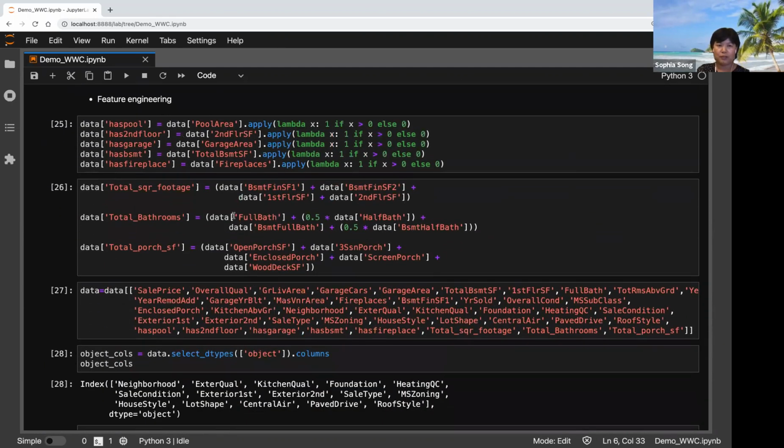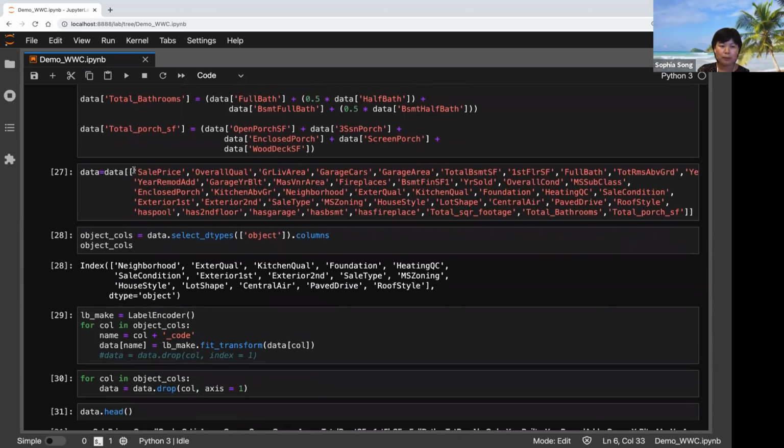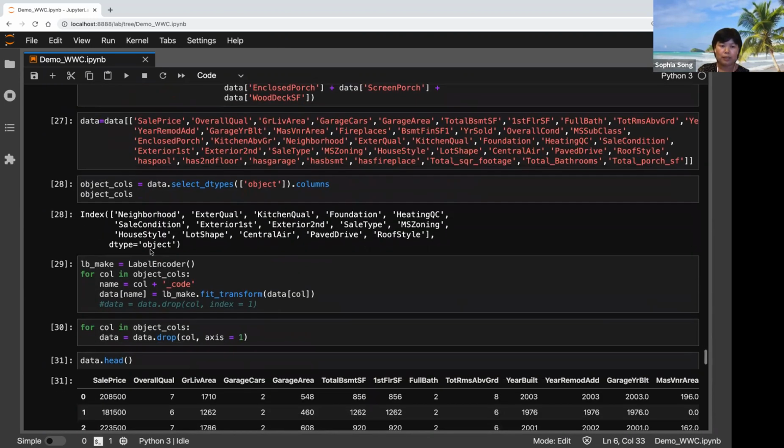I also did some feature engineering. For example, if I have binary categories, like has pool or no pool, has a second floor or no second floor, I need to label them, to do a binary encoding for this kind of variable. Sometimes if you have multiple labels, you need to do label encoding for that kind of variable.